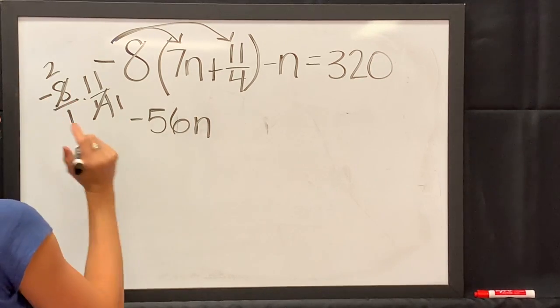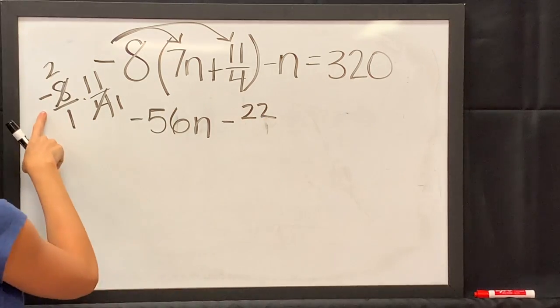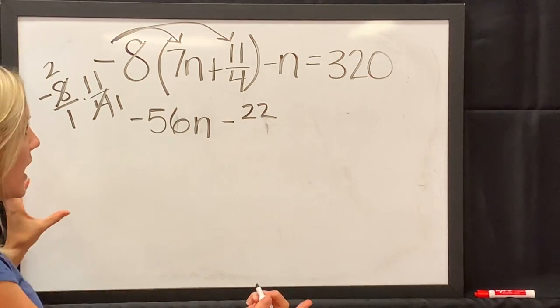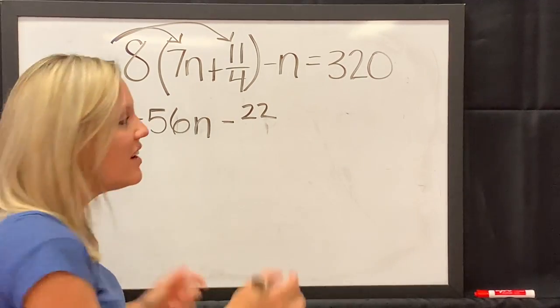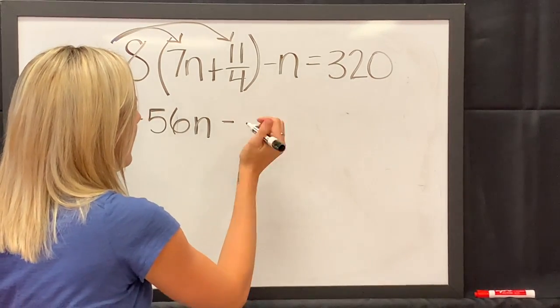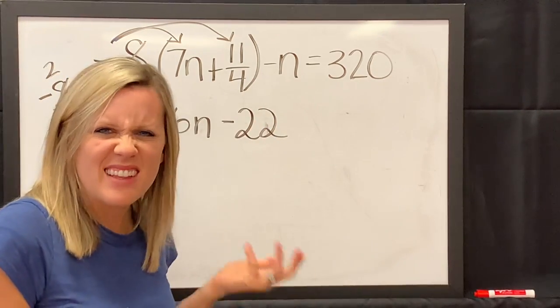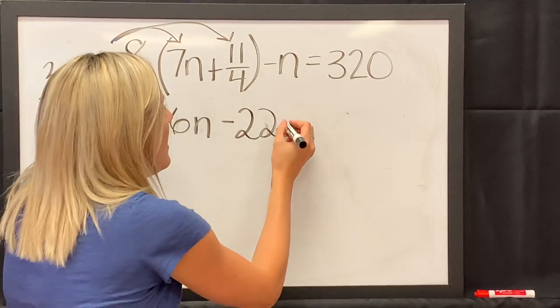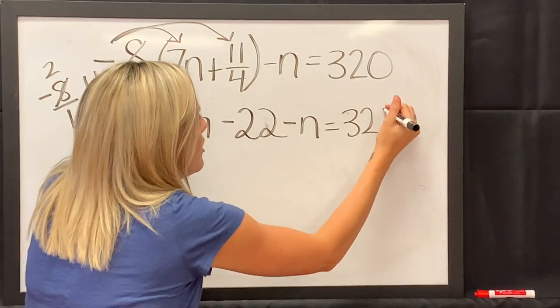So 2 times 11, negative 22, because we have that negative sign, and then 1 times 1 is 1. So I could write negative 22 over 1, but I could also just write negative 22. Same number. Okay, and then I have a minus n equals 320.